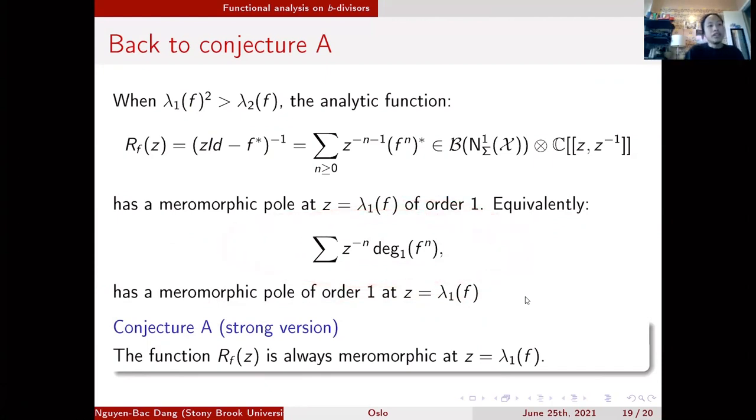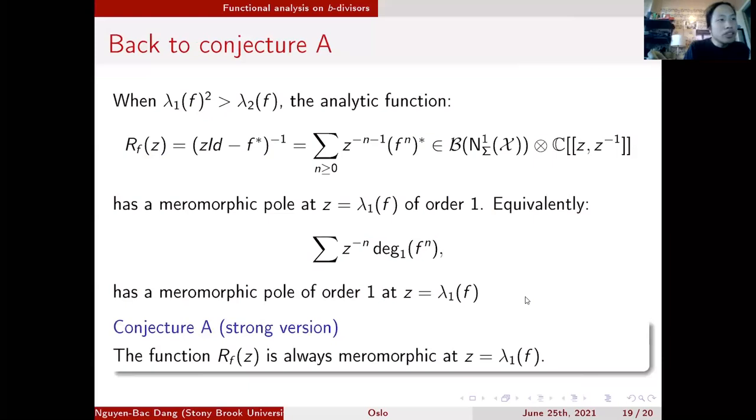And I want to state a stronger version of the conjecture that I stated previously, about the degree growing in between an exponential or a polynomial times exponential.